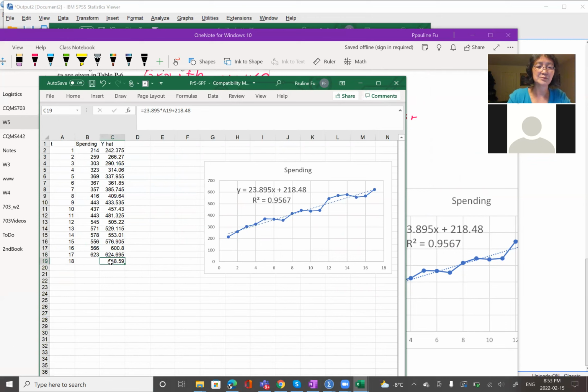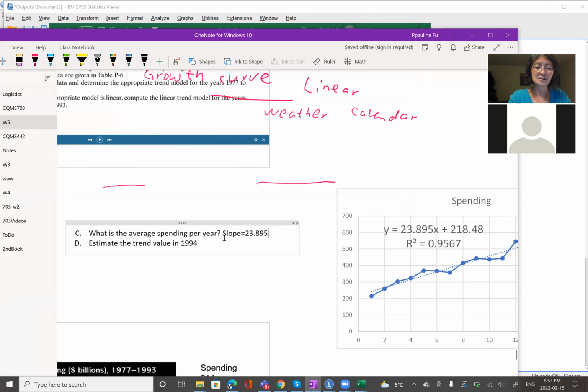It got the number, it is here, 648.5. That is for 1994, period 18. So it is equal to 680 if you keep the whole number.